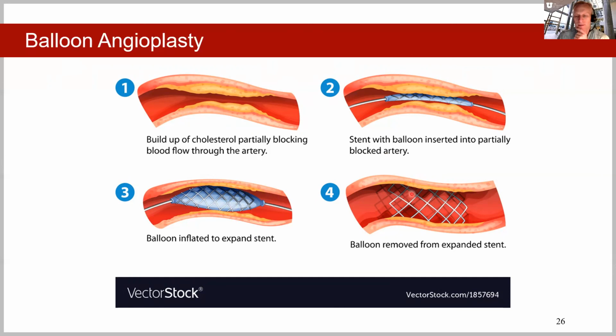And then oftentimes there will be an expandable stent, a little metal cage sort of, that gets expanded in the blood vessel that they leave there to try to keep it open. But this process invariably causes damage to the blood vessel wall. And there's actually very little known about what the optimal parameters of this procedure should be.